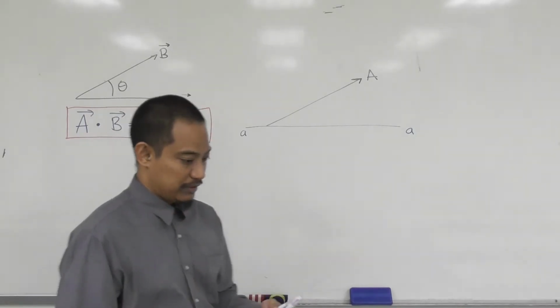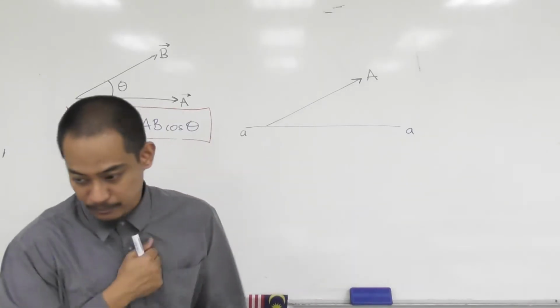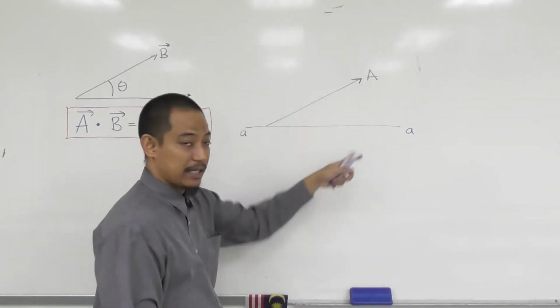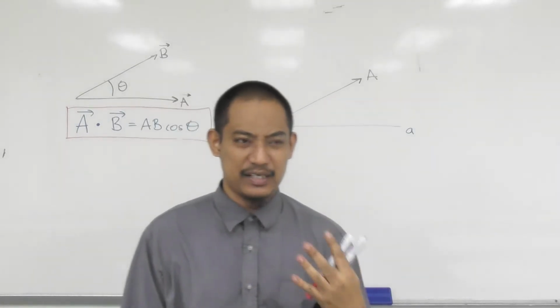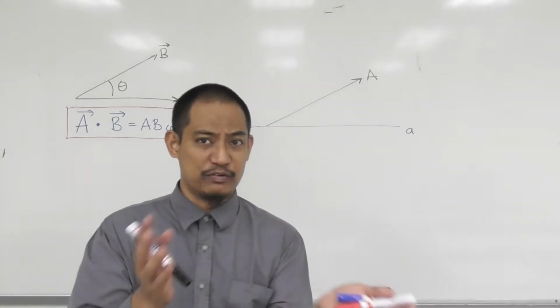So if the question says, sorry, what is the projection of this vector on this line? Basically, the idea is the same as what is the component on that axis. It's basically resolving force.